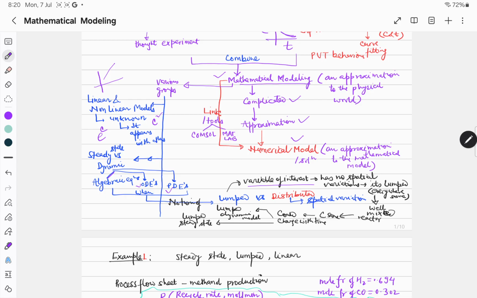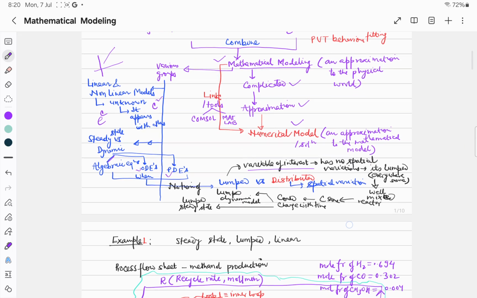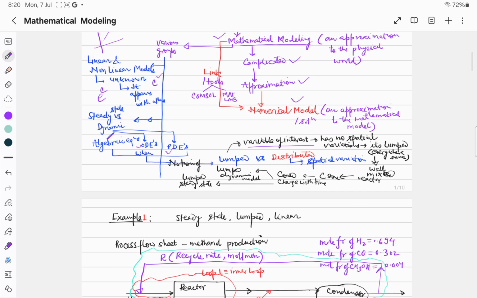Distributed means it will have spatial variation, like concentration changing at different points in the reactor. So this is lumped versus distributed. A lumped model could be like a well-mixed reactor, where composition is uniform, the concentration is the same with respect to the space variable, but it could change with time.